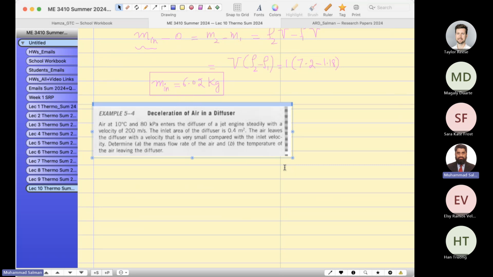Okay, so let us solve this problem. This is actually an example.